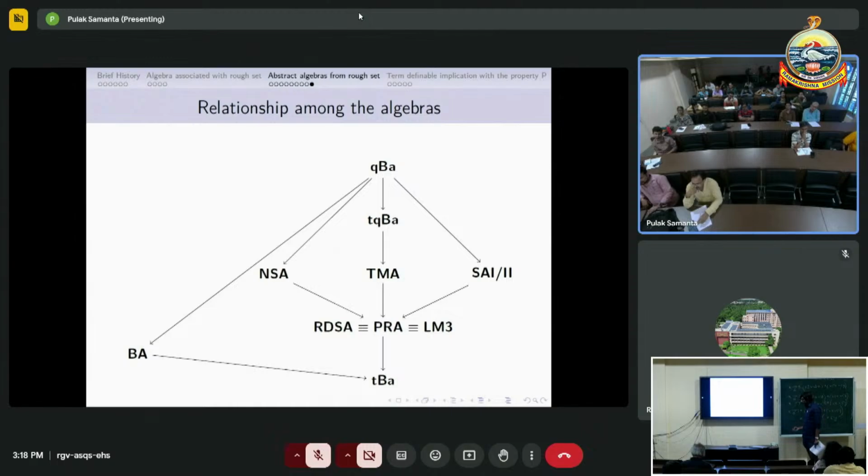In most of these we have succeeded in obtaining one binary implication operator, term definable, meaning that it can be defined in terms of other operators, that is going to satisfy the property P. Once we have that mechanism, we can easily write down the Hilbert type axiomatization of the logic corresponding to the algebra, and that is always going to be sound and complete.